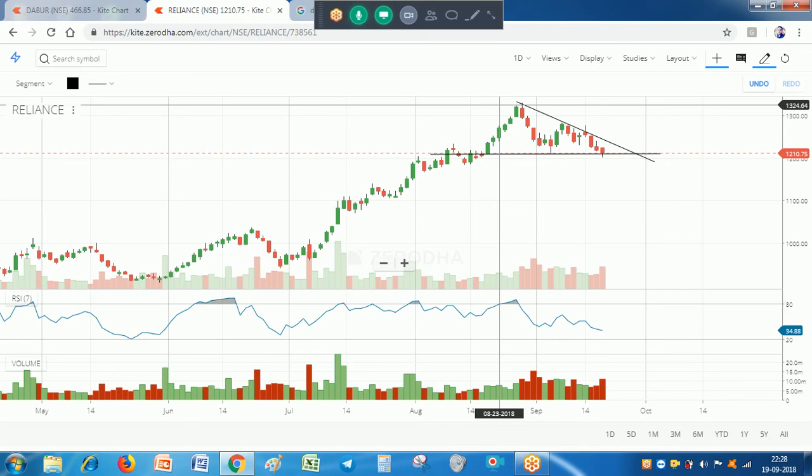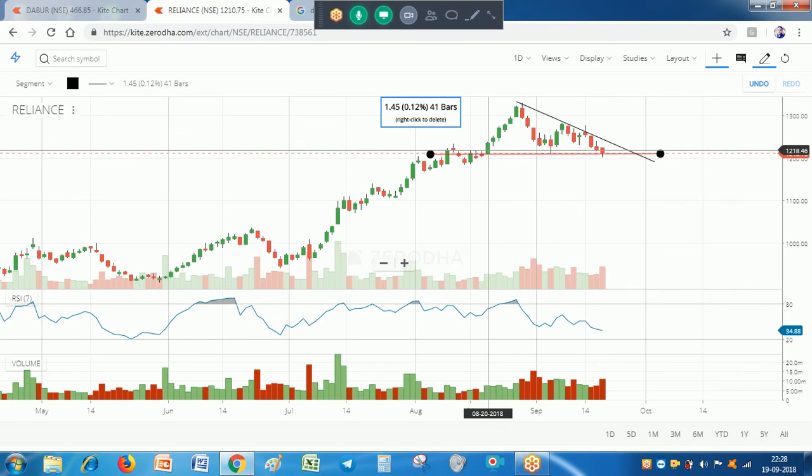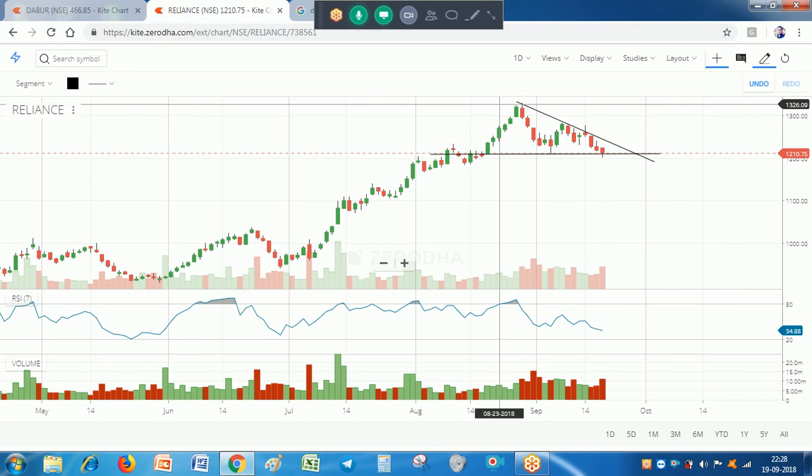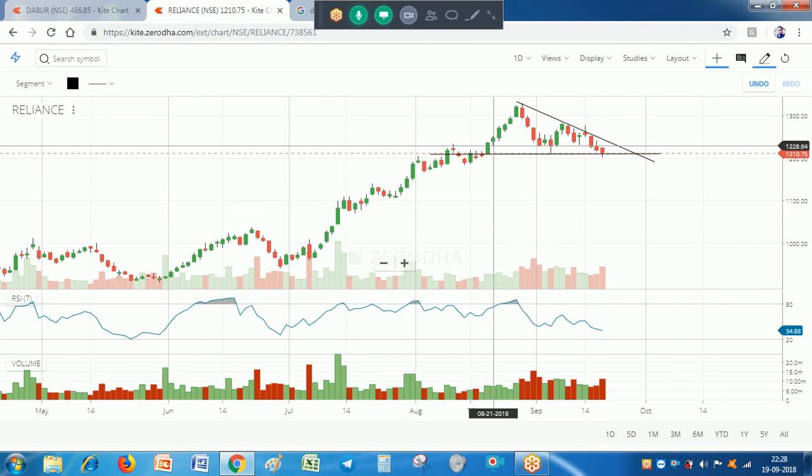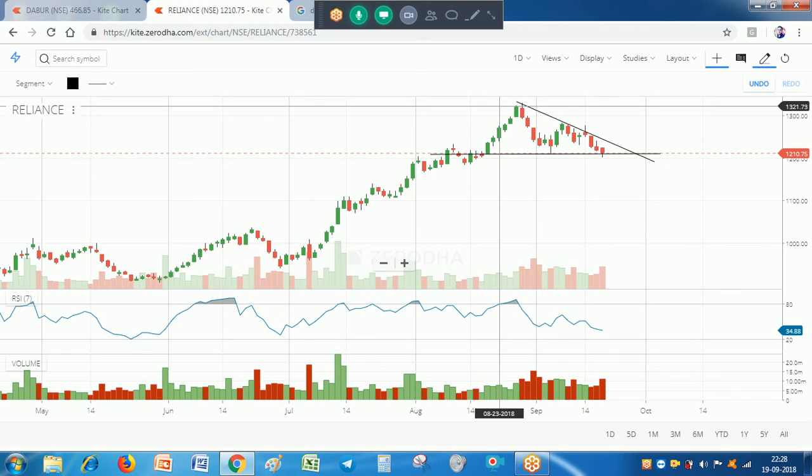So approximately 120 points, friends. Approximately 120 points movement will be given by this stock. Approximately 20-30 points are expected in this stock, either side, either breakout upside or breakout downside.